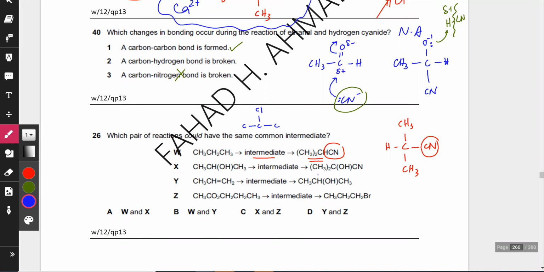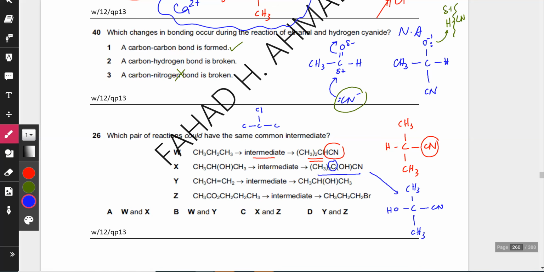Now look at this reaction. Now there's a CN and an OH. Acha, the problem is that the OH is already there, which again means it's not going to be this reaction. It's not going to be a nucleophilic addition reaction. And again, the CN is on the central carbon atom. If you look carefully, focus on this carbon atom in the middle. It is bonded to two CH3s, and there's an OH group, and then there's a CN group as well.